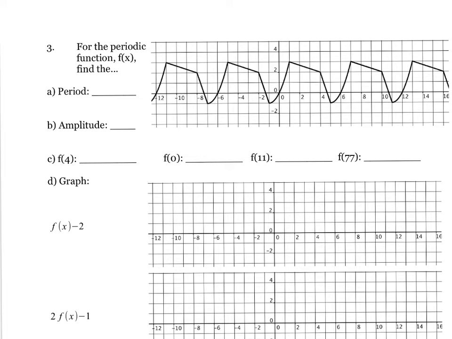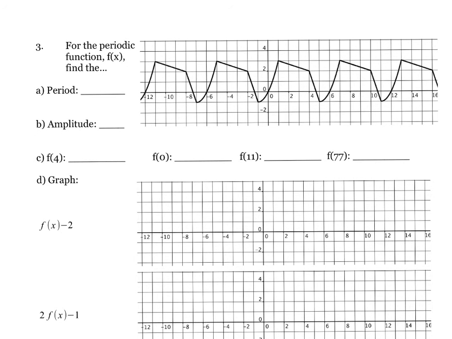So, page 3, we have a periodic function, f of x, and we're going to figure out a few things about it. First of all, what's the period? Period is the horizontal distance for that function to begin repeating. 6.